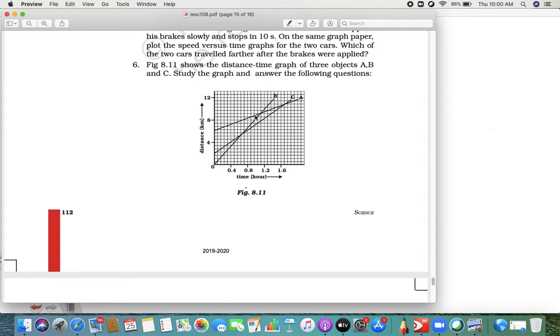So how far does C travel when B passes A? Again, read the question: how far has C traveled when B passes A? Let me tell you.